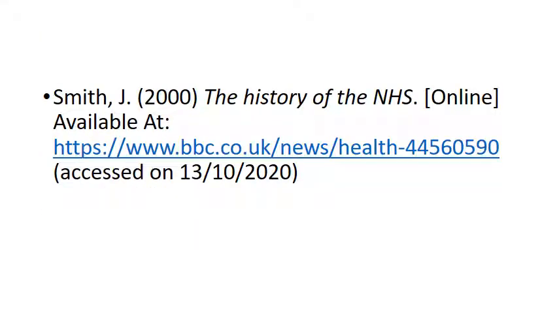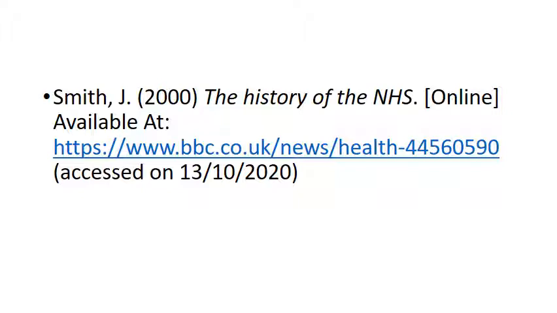In terms of a website, again, this is a big difference from APA referencing. And I have spotted a bit of regional difference, as I call it, with this. But this is pretty much what we're looking for. So we have the author's surname and first initial there.